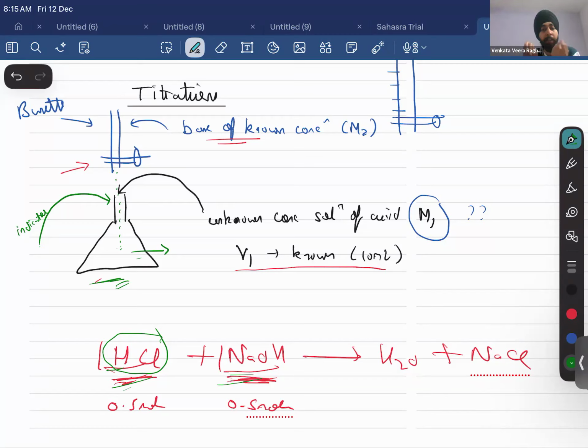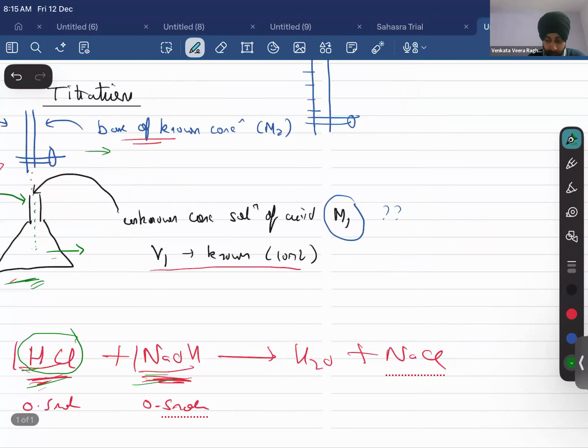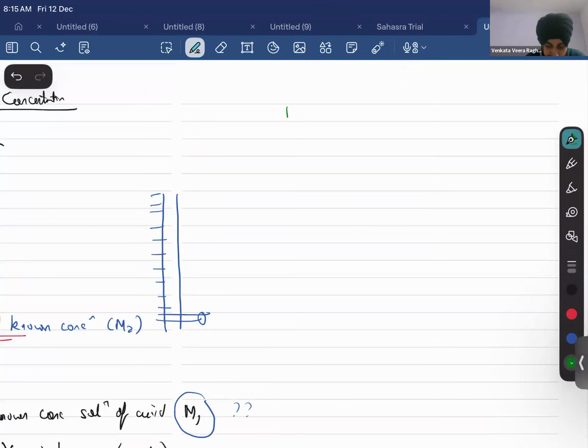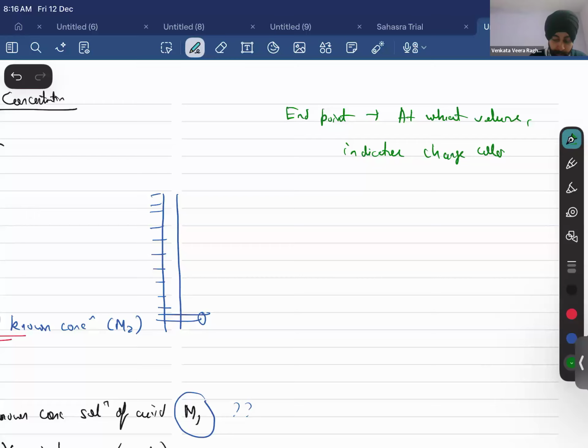What do we mean by end point? End point means at what volume of the base from the burette the reaction goes to completion. The indicator tells you about the end point. The end point is that point at which volume the indicator changes color, and the indicator will change color only if the reaction is completed.